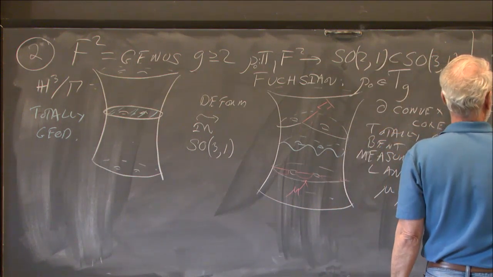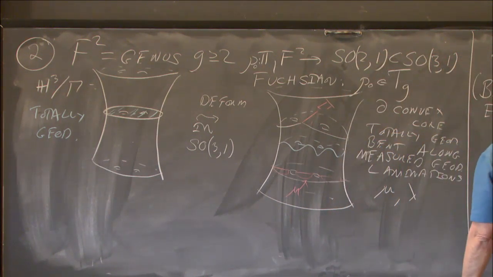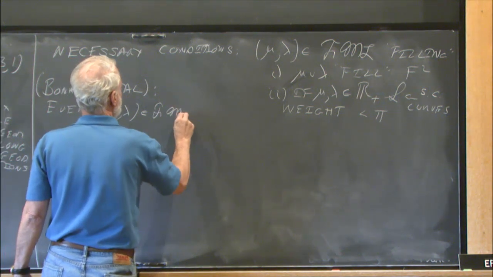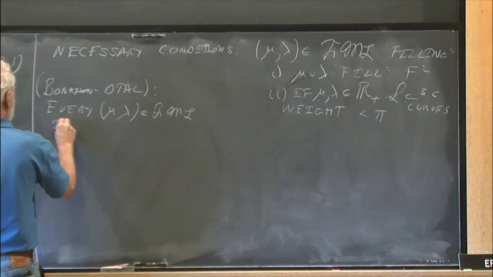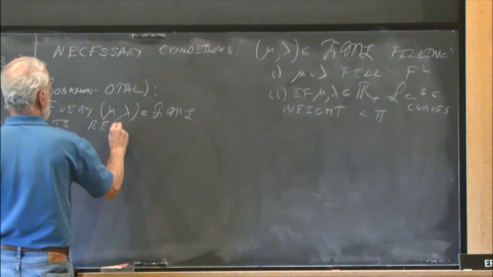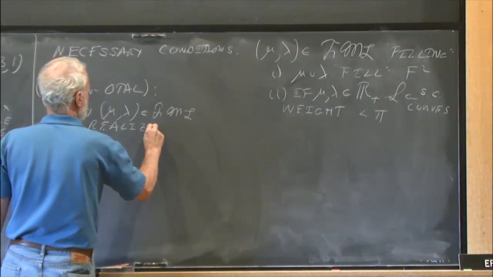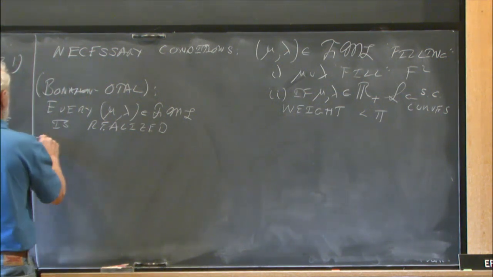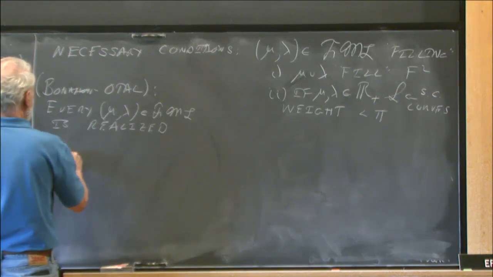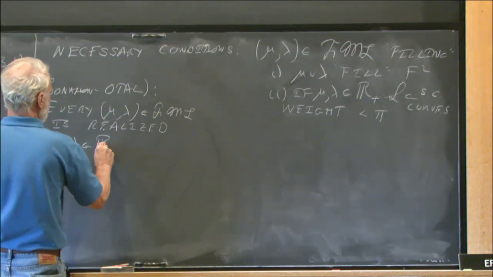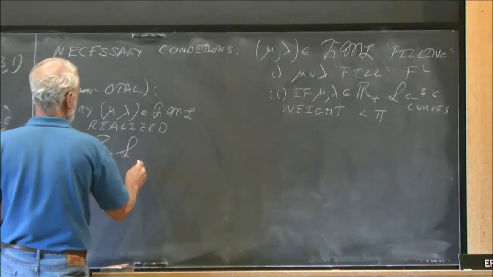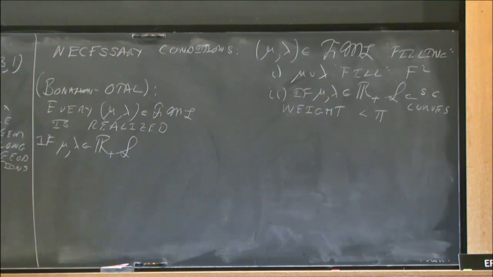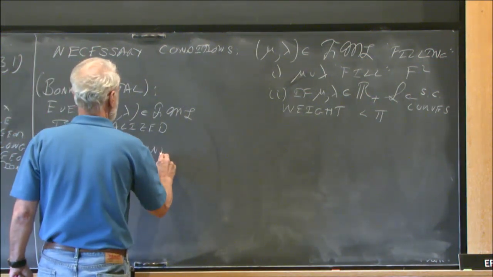But they prove that, in fact, it's sufficient, and in fact, if mu and lambda are both weighted collections of simple closed curves, there's a unique quasi-Fuchsian group that realizes them uniquely.